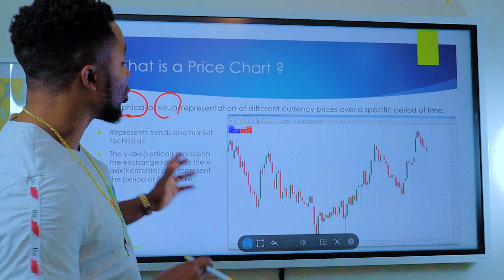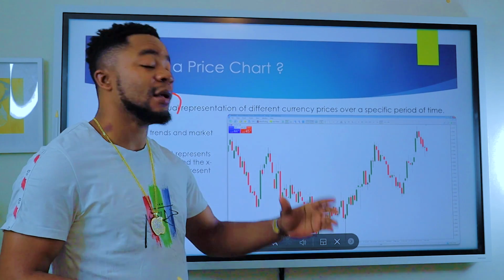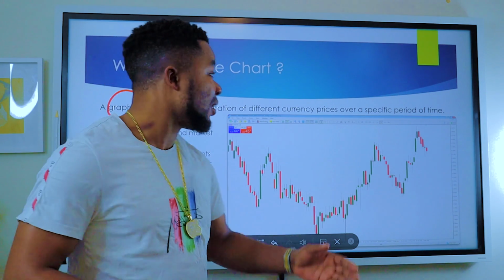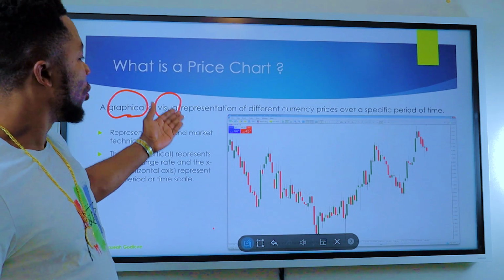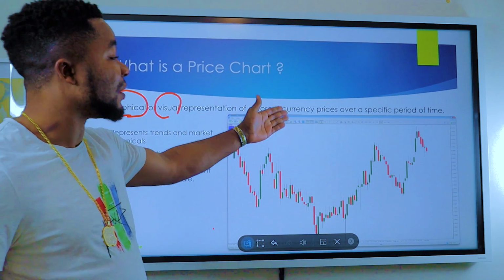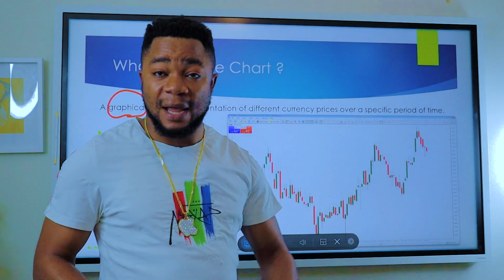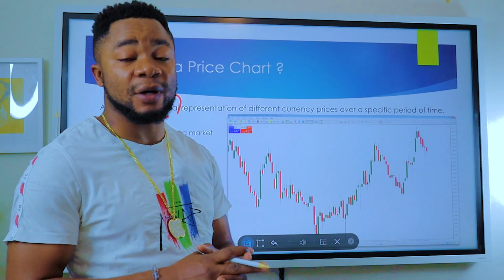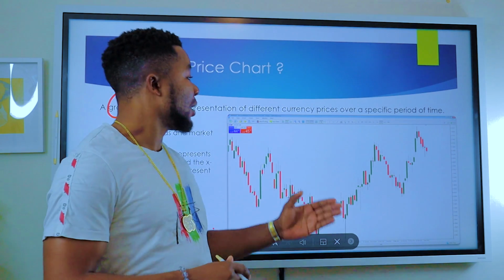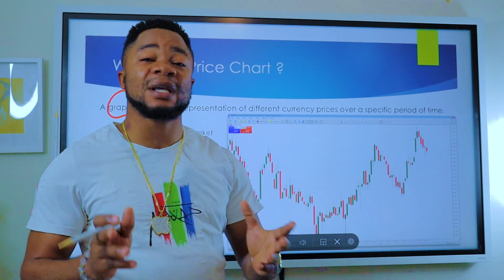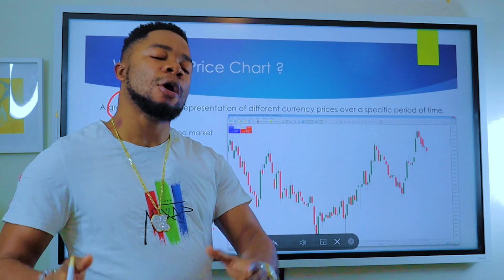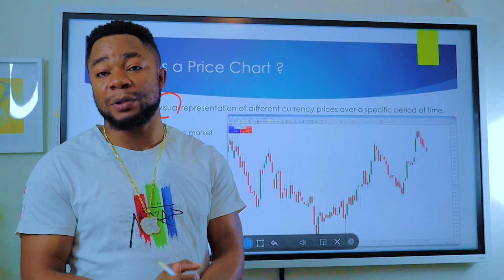Anytime you see somebody talking of the chart of USD, JPY, chart of gold, chart of silver, a chart is just a graphical or a virtual representation of different currency prices over a specific period of time. Because remember, here we're talking about forex. If we were talking about stocks, then it would be a visual or a graphical representation of stock prices over a specific period of time.